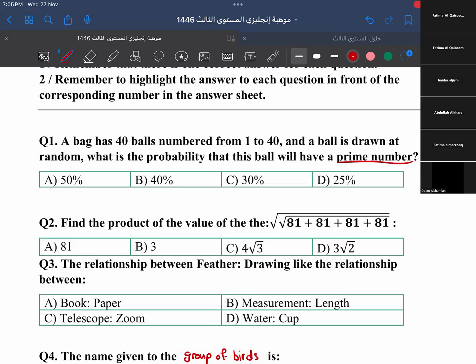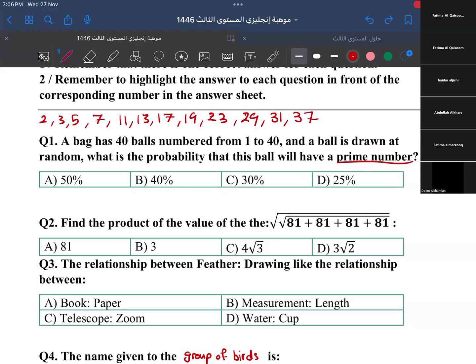What are the 15 numbers? 2, 3, 5, 7, 11, 13, 17, 19, 23, 29, 31, 37, and 39. Only 37, not 39.